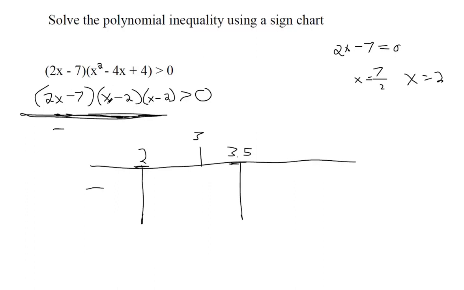If I plug in 3 in here, 3 minus 2 is 1, so that's positive. 3 minus 2 is 1, so that's also positive. So negative times a positive is a negative, and then a negative times a positive is a negative. So we're testing points between these zeros. And because it's a polynomial, we know everything between these two is going to be a negative number. Because it's not going to switch signs again until it hits 3.5.